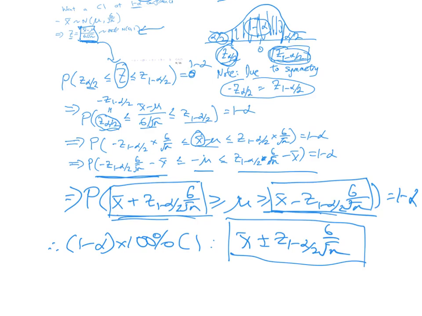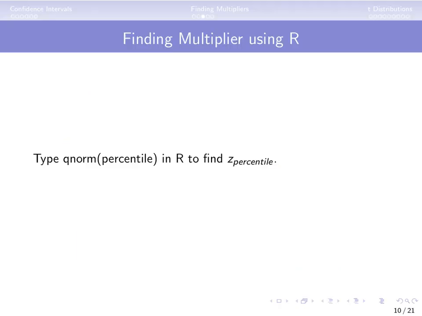So from a practical standpoint, you might say, well, how do we actually get the numerical value of this z-score that corresponds to this percentile? The way we do it in R is to use the function qnorm, and then we put in the percentile to find the z-score that's associated with that percentile.